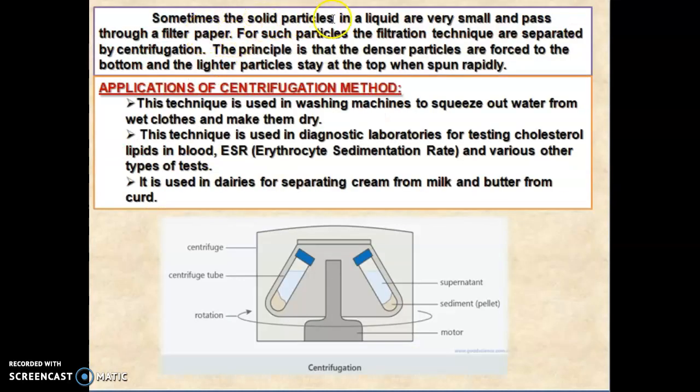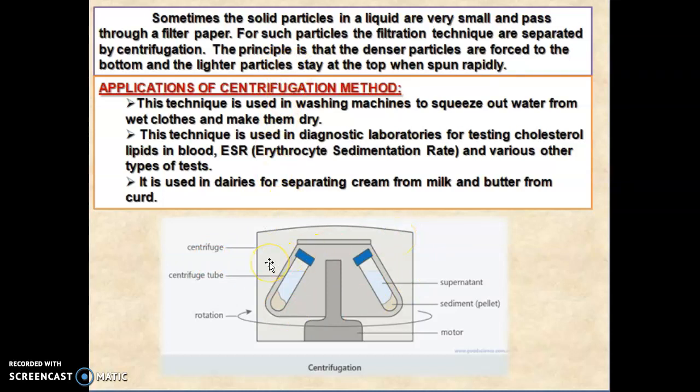Sometimes the solid particles in liquids are very small and pass through filter paper. For such particles, filtration techniques are replaced by centrifugation. The principle is that denser particles are forced to the bottom and lighter particles stay at the top when spun rapidly. This is a centrifugation machine.